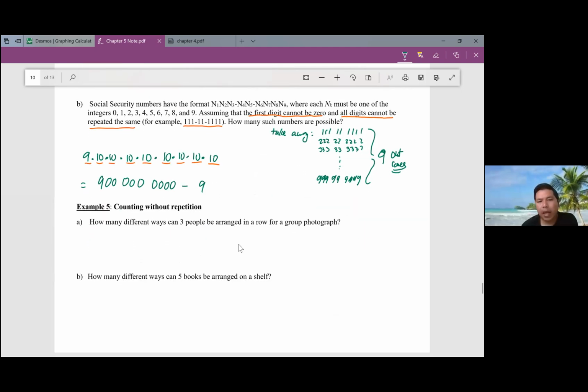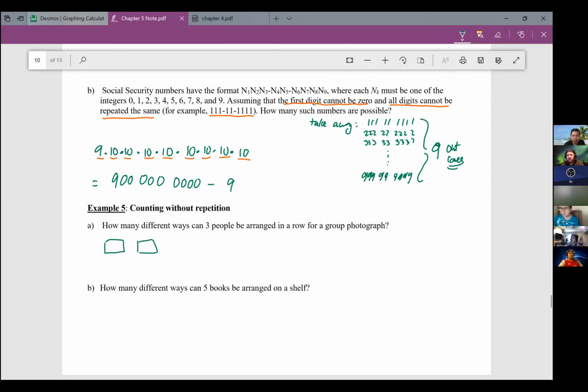All right, now counting without repetitions. How many different ways can 3 people be arranged in a row for a group photograph, right? So again, when you make the arrangement for a group photograph, you cannot move, right? For example, we have a first slot here, a second slot, a third slot.